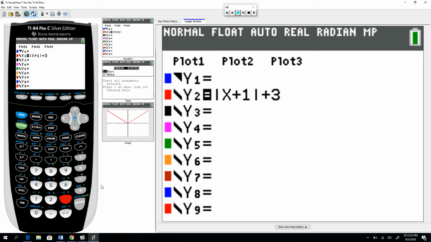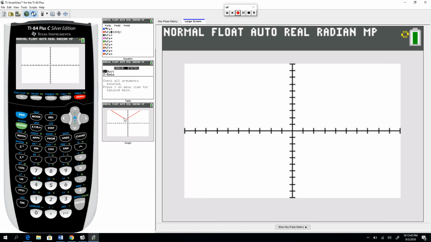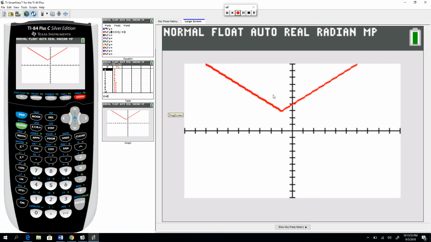This is supposed to be a solid line because it's just plain old equals. And I'm expecting the vertex to be at -1, 3. So let's see if that happens. Sure enough, -1, 3. It's a solid line because I programmed it to be just y equals instead of y greater than. So you're good to go on that one.